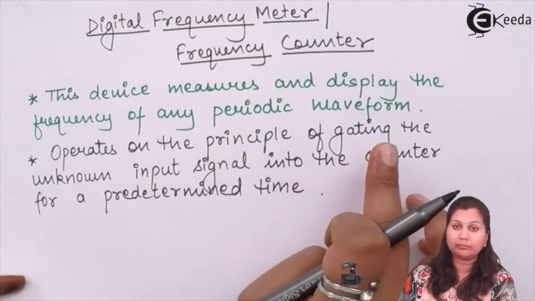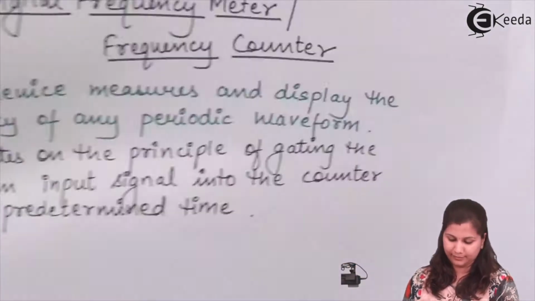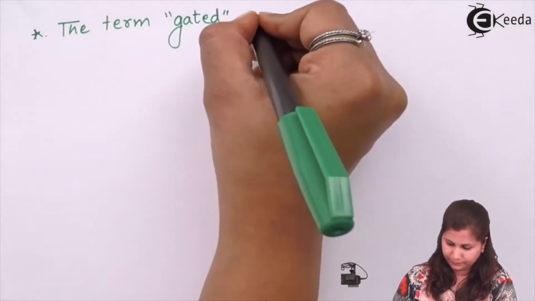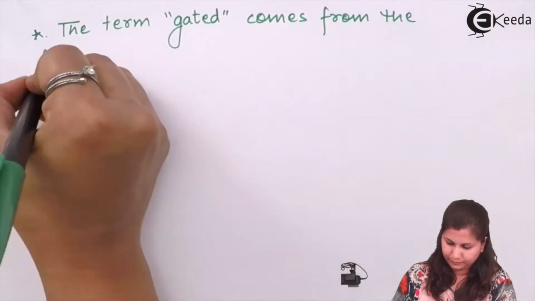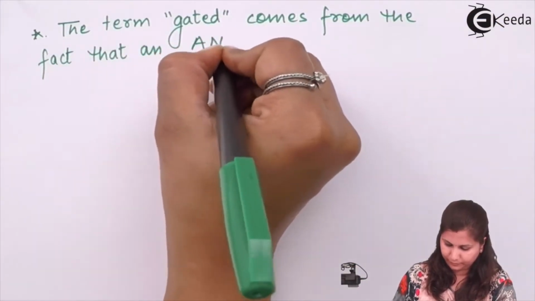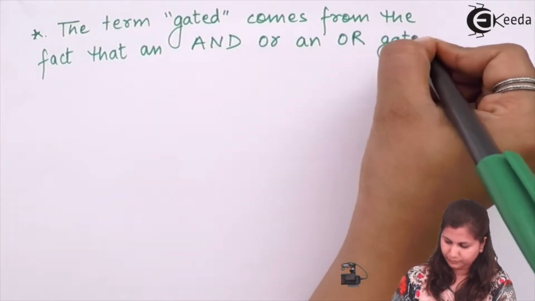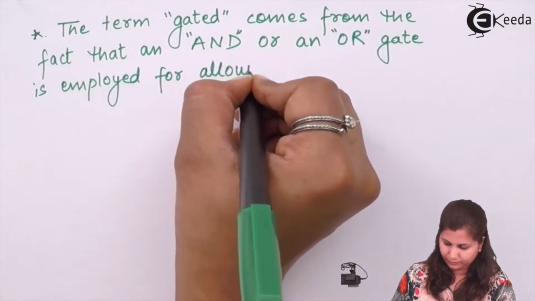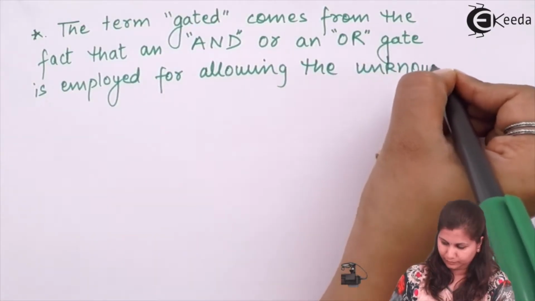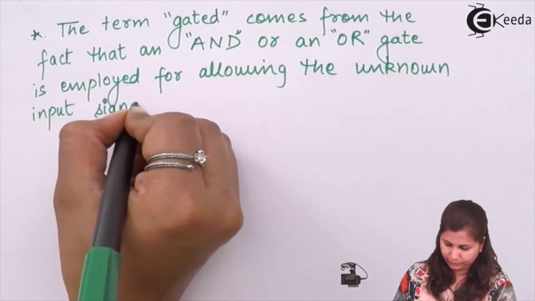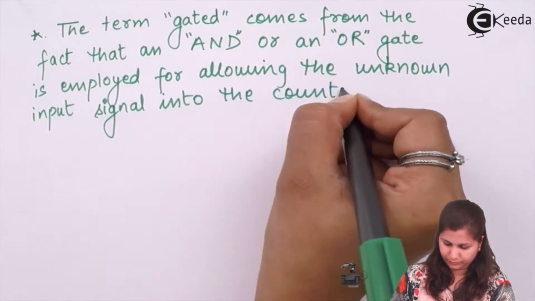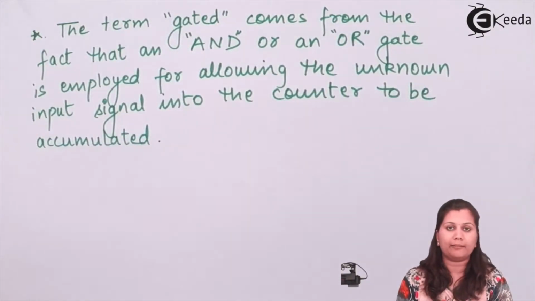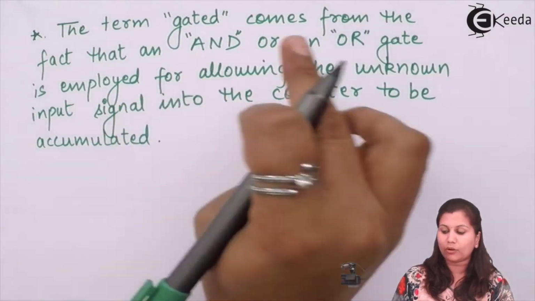Now here we have used the term gating. So what does gating mean? The term gated comes from the fact that we are using an AND gate or an OR gate.